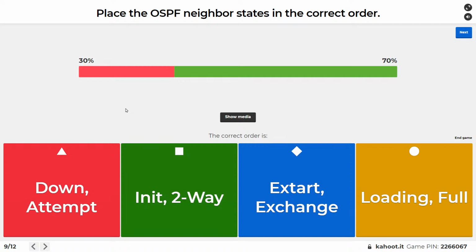All right, the order. Look at this. This is fun. I added a few extra terms because I wanted to make a teaching moment out of this as well. So here we go.